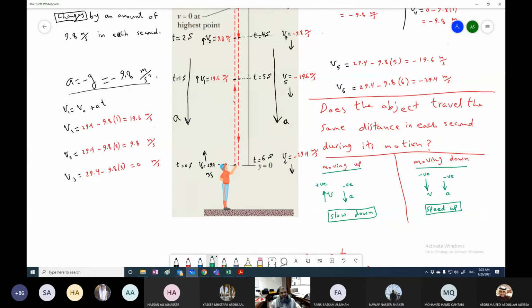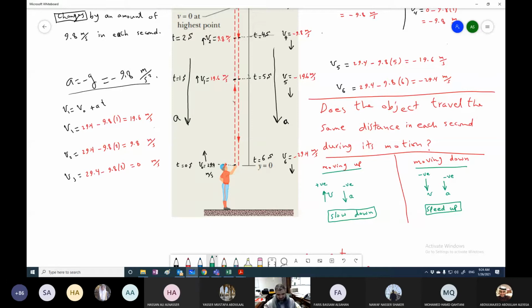What causes the acceleration? It is gravity, the gravitational force. What is the direction of the gravitational force? It is always downward. So we cannot say gravity is downward and the acceleration is positive. We did it this way to be systematic and consistent with ourselves.